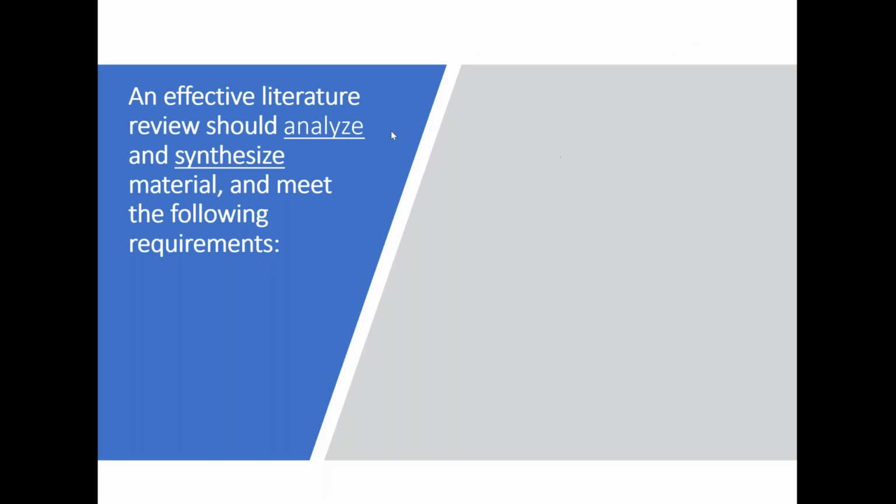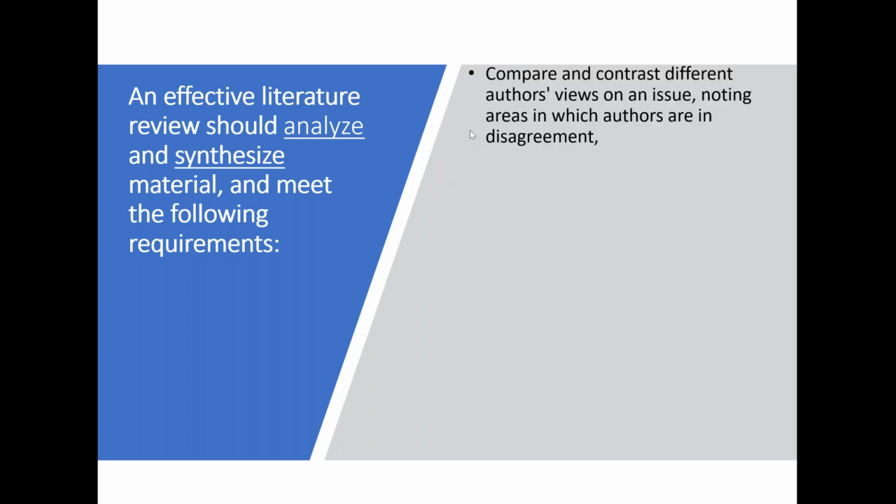All right. So an effective literature review should analyze and synthesize material, right? So it's not just about listing or talking about what's the research out there. Analyzing or synthesizing the information may include, for example, comparing and contrasting different views on an issue, right?